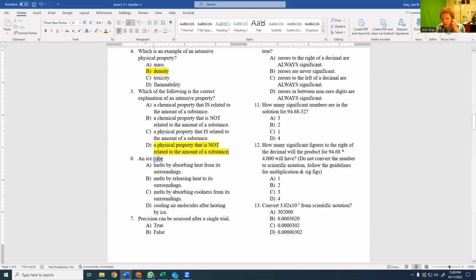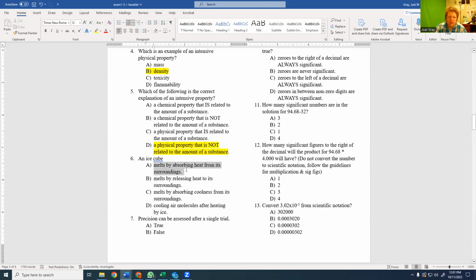Okay, an ice cube A, melts by absorbing heat from its surroundings, B, melts by releasing heat to its surroundings, C, melts by absorbing coolness from its surroundings, and D, cools air molecules after heating by ice. Okay, so do air molecules get cooled by ice heating them? No, so D isn't a good answer option.